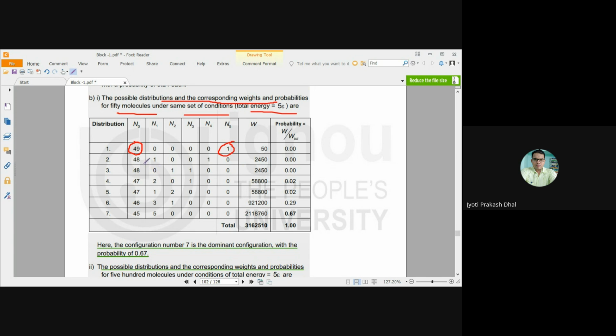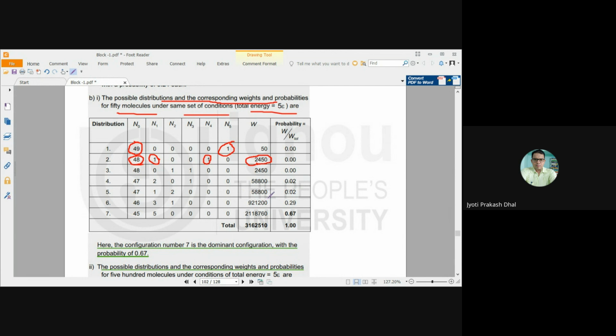The second possible one is that 48 molecules will be present at the 0 energy level, 1 at the epsilon energy level, and another at the 4 epsilon energy level. So the total energy should be 5 epsilon, but the number of molecules present here is 50. The W value you can calculate by using that formula. And similarly, these are the corresponding W values.